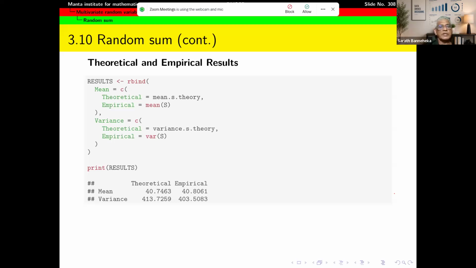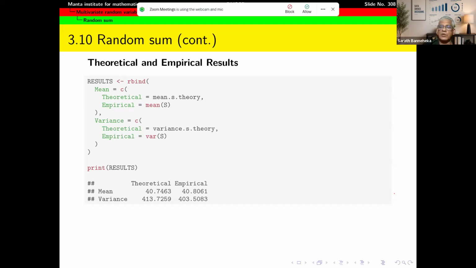So in order to get the empirical ones, what we do is we calculate the mean of S and variance of S, right? So here, some output called results. I'm going to put them in some rows.